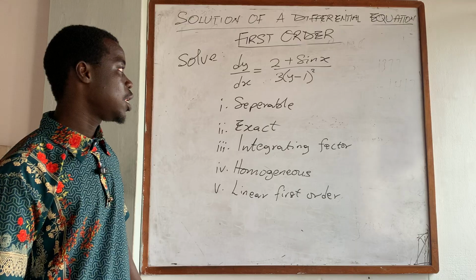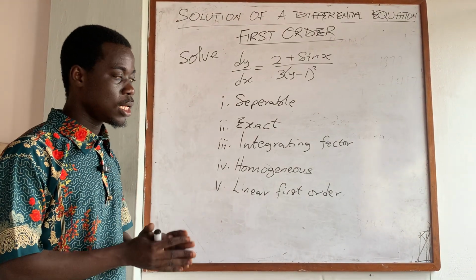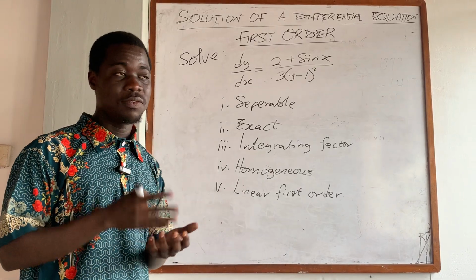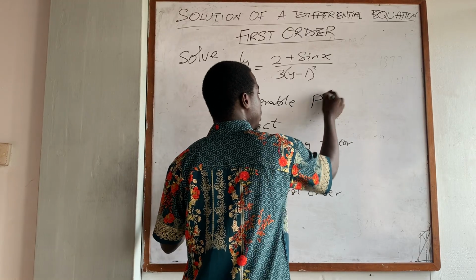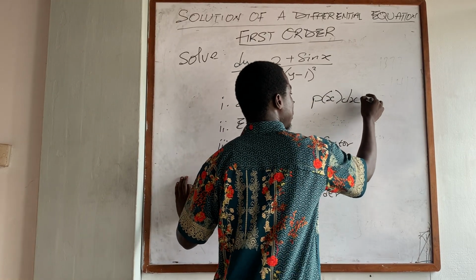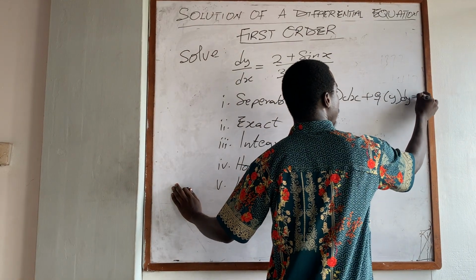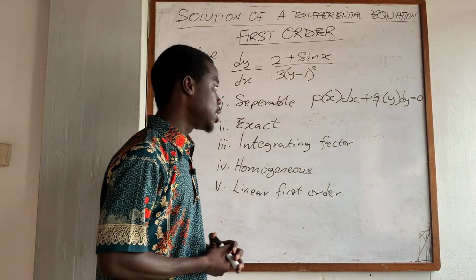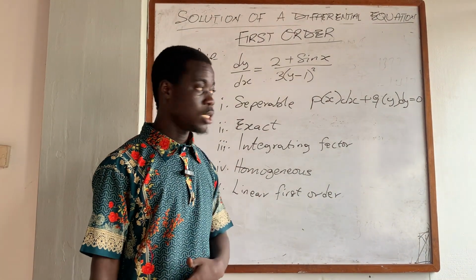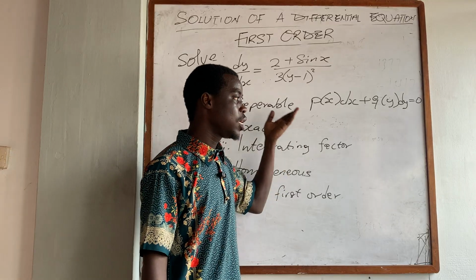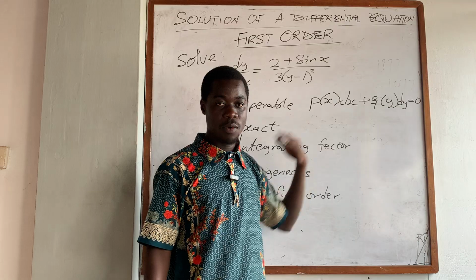All right, now let's look at the first question, the one we have on the board. So we are saying that with separable, when a differential equation is given to us, if we can write it in this form, p(x) dx plus q(y) dy is equal to 0, then we can say that we can use the separable method to solve it, which means that you can see that we have the function of x separated from the function of y, right?